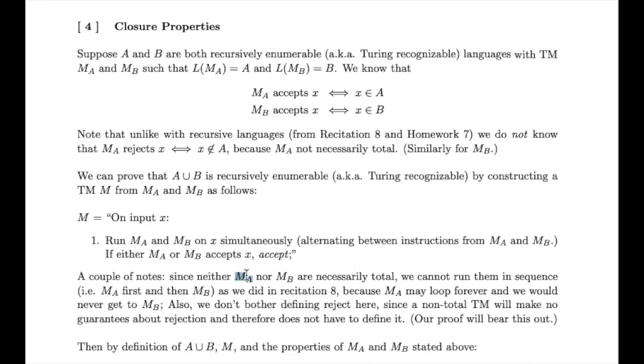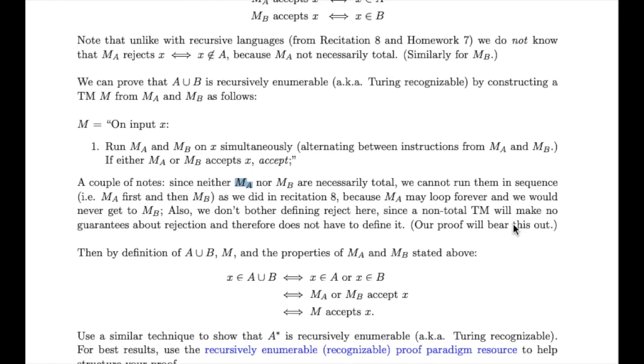So if the input is not in language A, but it is in language B, and the machine for language A loops on the input, then we can't just run it first and then wait for it to halt, because it'll never halt. So we have to do this thing where we alternate between instructions, where you keep track of the state of the tape and what symbol you're on and which state you're in for each of the two recognizers. And this is also called time sharing.